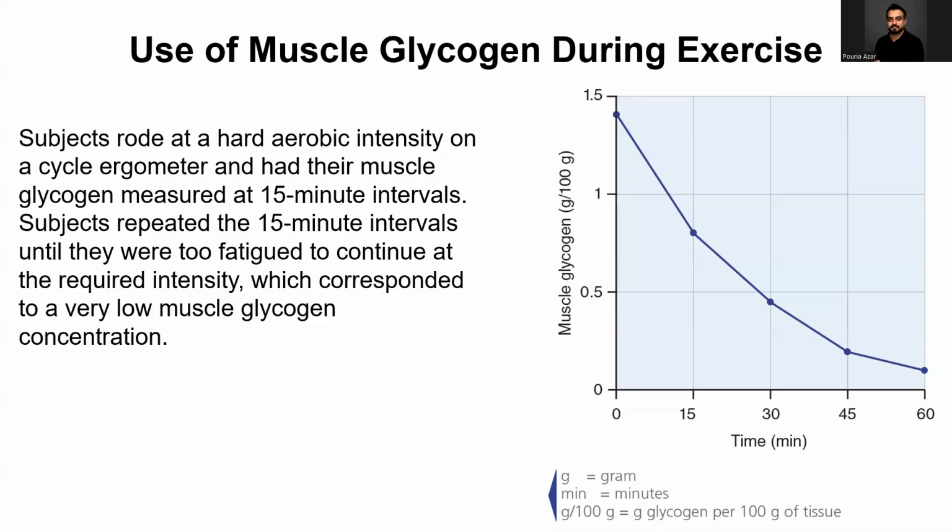During exercise, we see a drop in the levels of muscle glycogen. After about 60 minutes, or close to 1 hour, the concentration of muscle glycogen is close to almost zero. And this is where the fatigue happens.